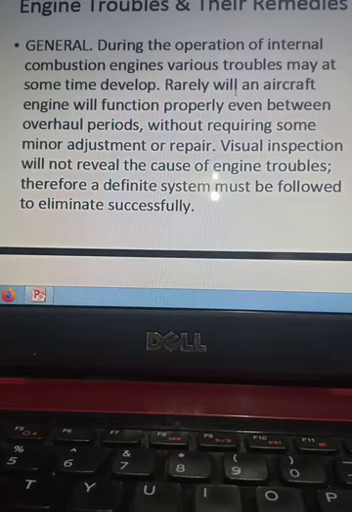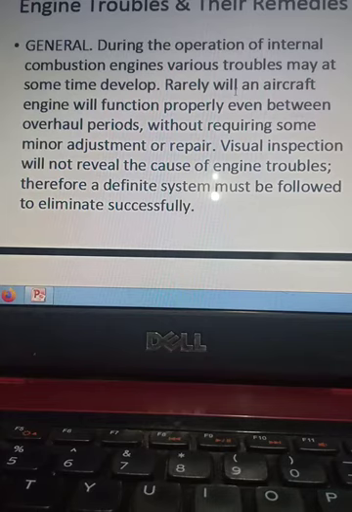Not everything we have will never break, especially aircraft engines. Every time it operates, there is a possibility of troubles, even if it was just overhauled. So there are always possible troubles. So visual inspection will not reveal the cause of the engine trouble.